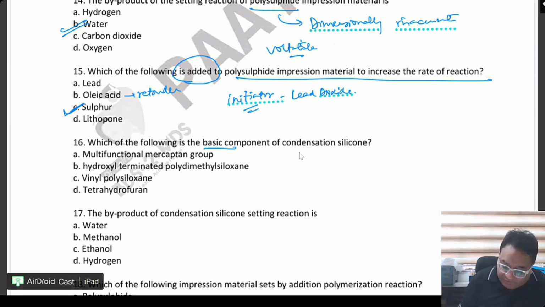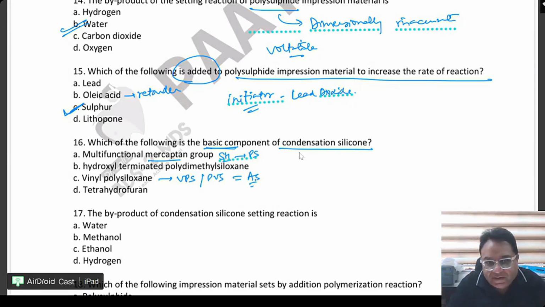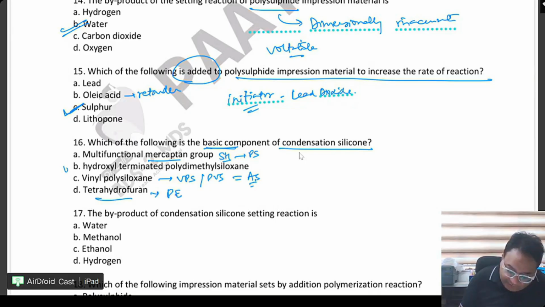Basic component of condensation silicon. Mercaptan group, SH group is of polysulfide. Vinyl polysiloxane or polyvinyl siloxane is the other name of addition silicon. Tetrahydrofuran is related to polyether.